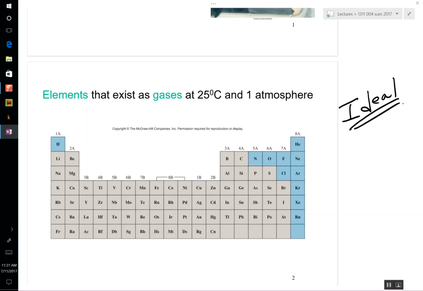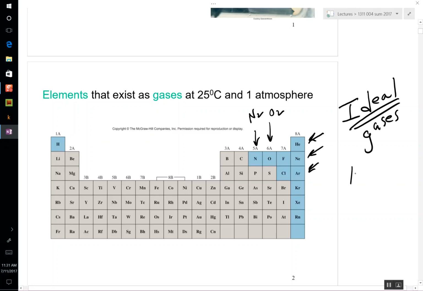Ideal. What are some of them? Well, nitrogen is pretty ideal behavior. Oxygen, certainly helium, neon, argon are ideal gases. But fluorine and chlorine are not particularly ideal. They're not as ideal in behavior as these others.